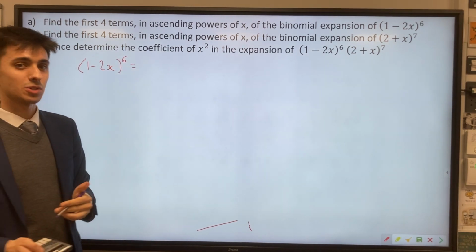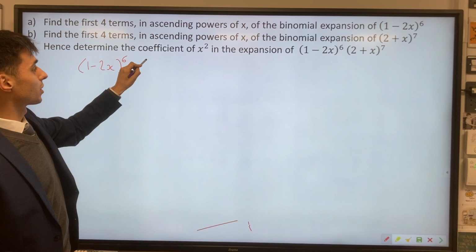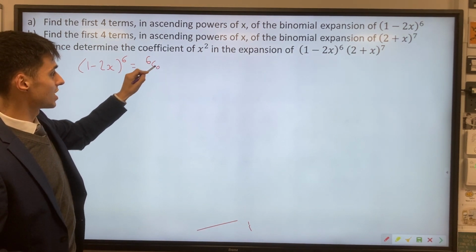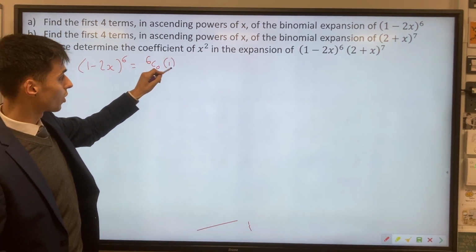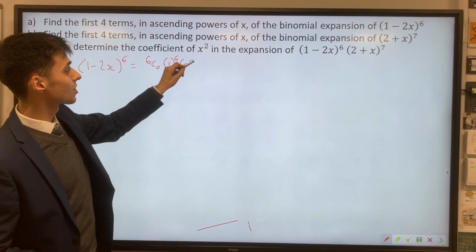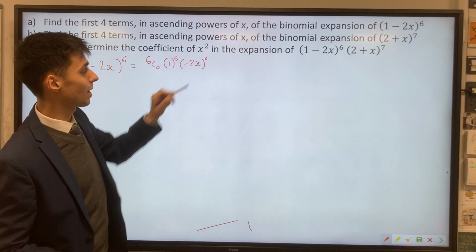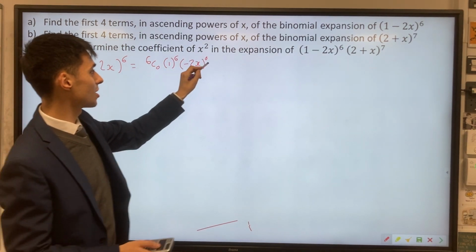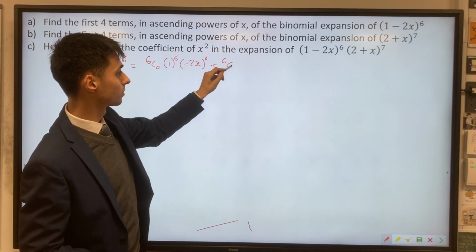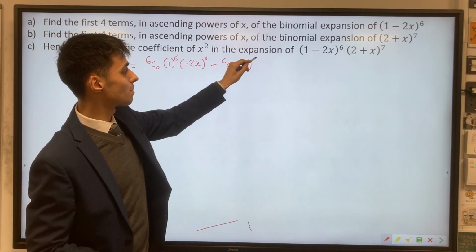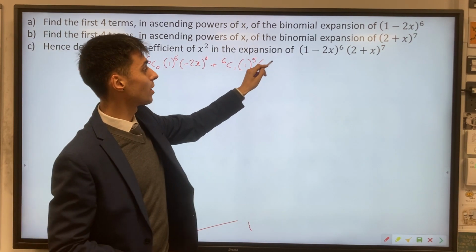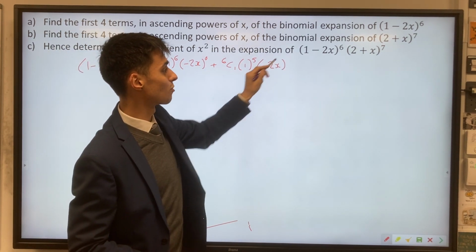And writing that out as a binomial expansion, we are going to get 6 choose 0 times 1 to the power of 6 times minus 2x to the power of 0. And then the next term will be 6 choose 1, 1 to the power of 5, and then minus 2x to the power of 1.